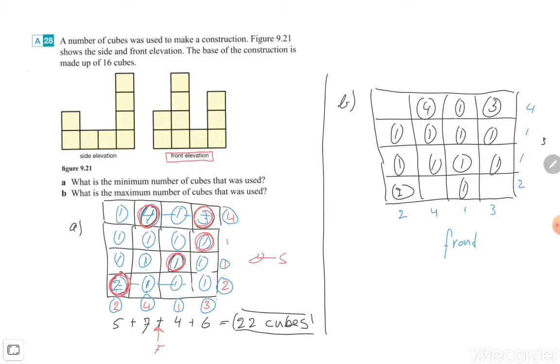We can't change that 1 anymore. Now, let me look at the number 2. For example, we can put the number 2 here, not the 3, otherwise the front elevation is wrong. I see a 2 over here, so we need to put a 2 here and a 2 there. And in that case, we've filled all the squares.